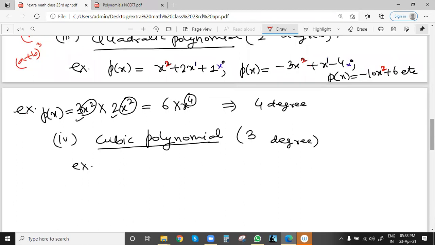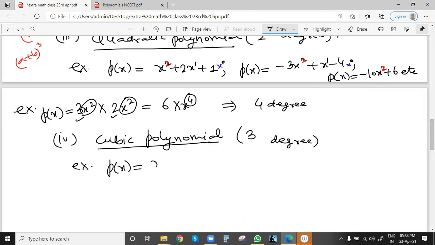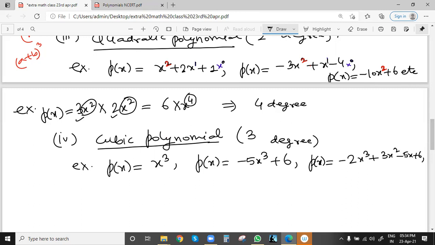Now the next case is the cubic polynomial, degree 3. For degree 3, we can have examples like simply x cube, or minus 5x cube plus 6, or minus 2x cube plus 3x square minus 5x plus 6.